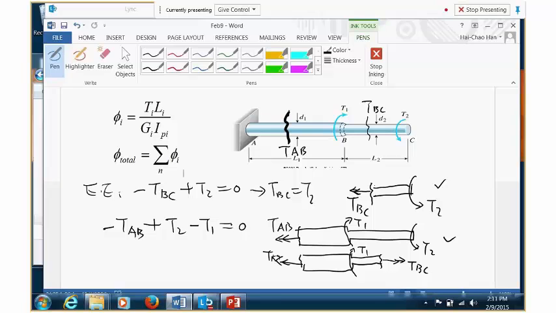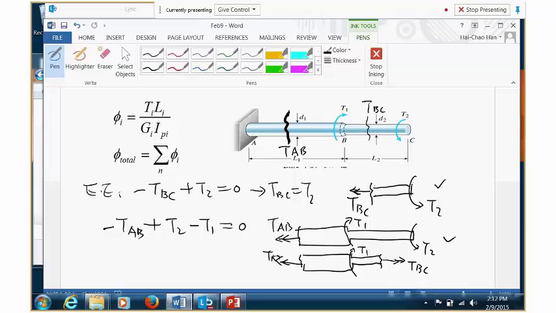Question: why are you writing TAB negative if you say that outward is positive? All right, what's positive, what's negative? When we say positive or negative in this class, we talk about deformation. Is it a positive deformation or negative deformation?